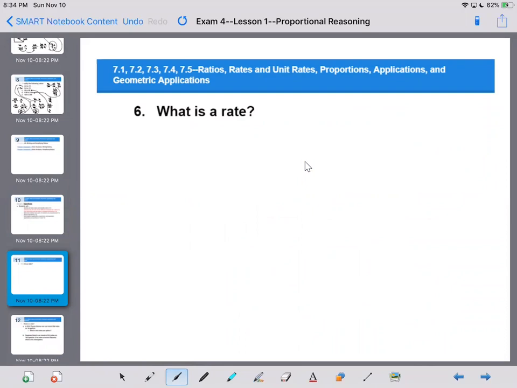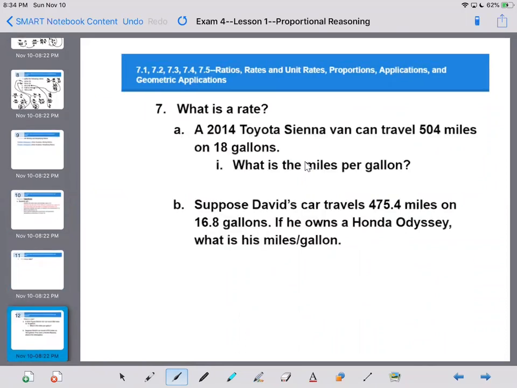It could be that we're comparing miles to gallons, or dollars to ounces. But a rate is going to be different than a unit rate, because a unit rate will have a denominator of 1, and we're going to see that in just a moment.